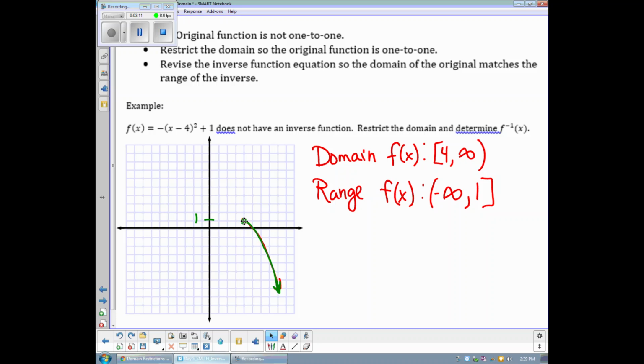So what we've learned about inverses is that the x and the y will all switch. So I should already be able to tell what my domain and my range of my inverse function will be just by looking at the domain and the range of the original function. So let's go ahead and write that down.